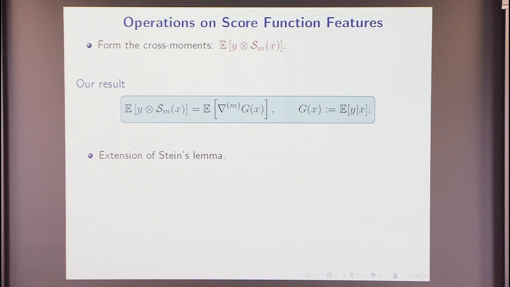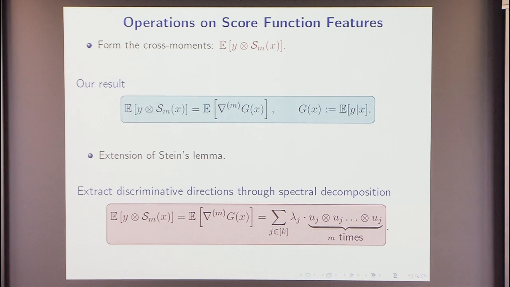Because we now have access to information about how the label changes as a function of input through these gradient forms. And now we can apply tensor decomposition. We can look at these cross moments and find a decomposition of this into rank 1 components.